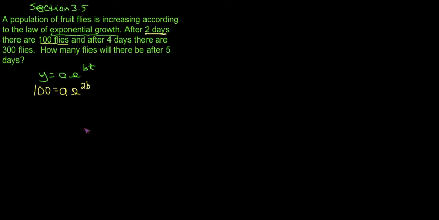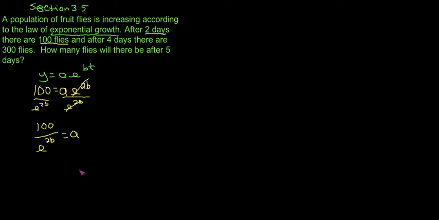So we're just going to divide both sides by e raised to the 2b power. Again, not real tough math. Everything simplifies on the right side by canceling, and on the left side we end up with 100 over e raised to the 2b equals a. Alright, so that's our starting point.